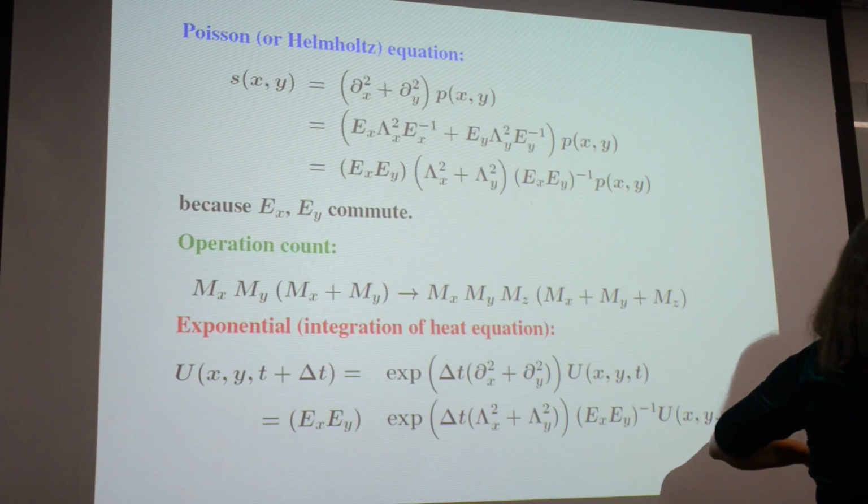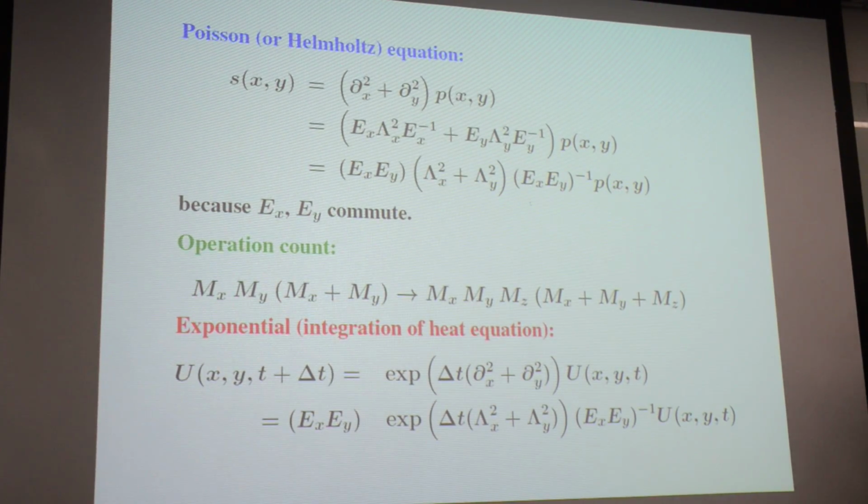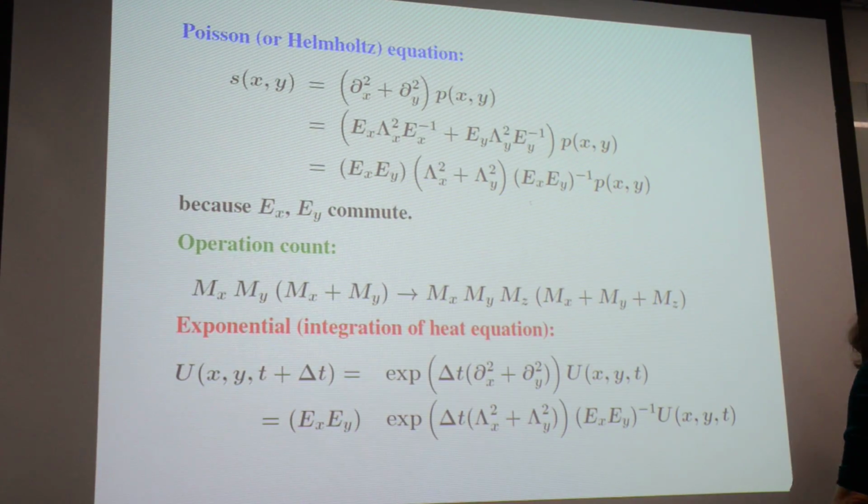What I should have done is made a matrix like the one I was describing before, where I've listed all my, this is nx, and then I have another nx. This is iy equal 1, iy equal 2. This is a matrix of size nx times ny by nx times ny.